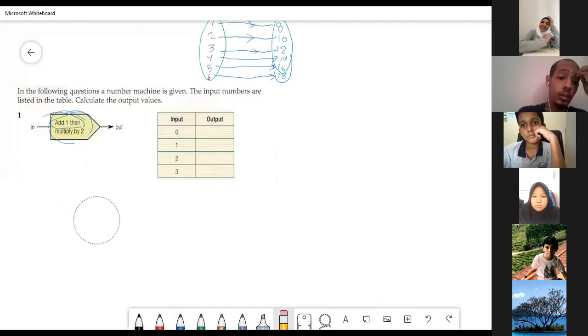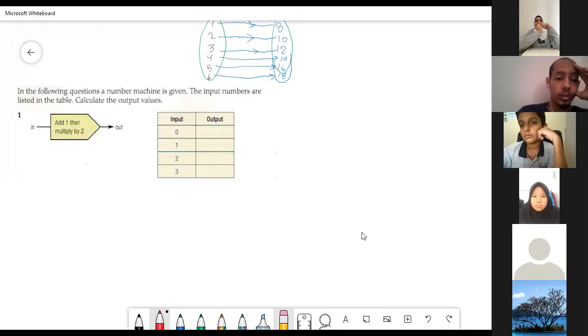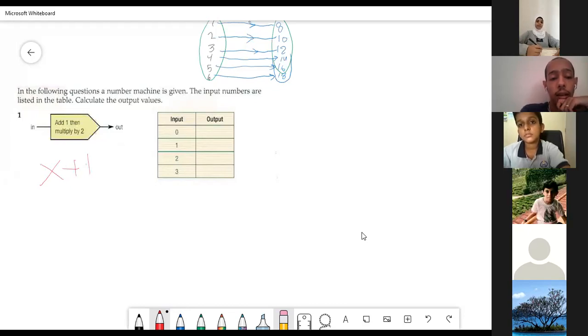That's why you were confused. Add 1 to what? To the x, right? So x plus 1.